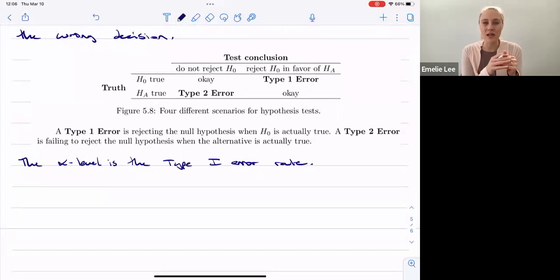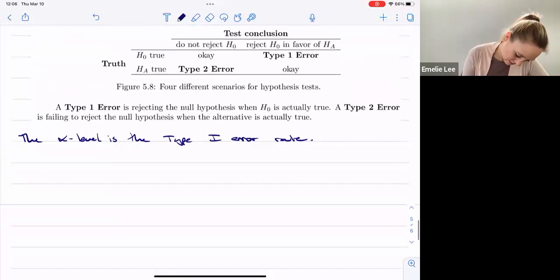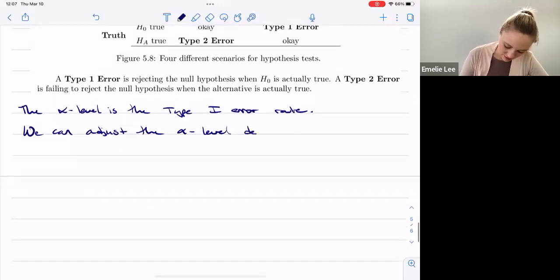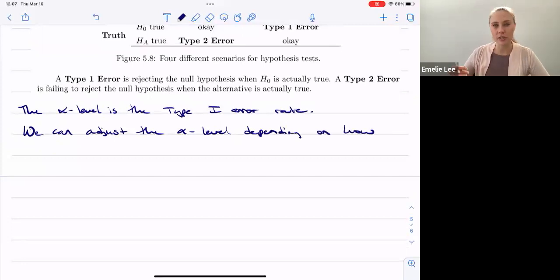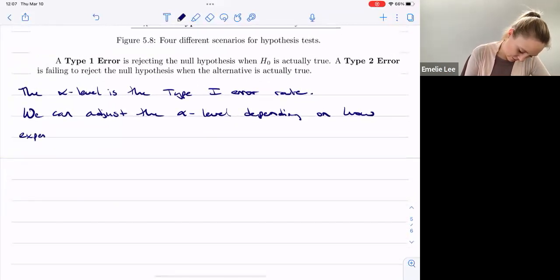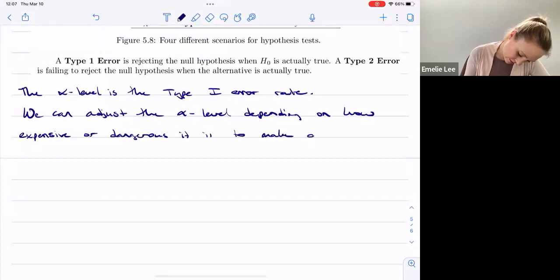And so we can adjust the alpha level depending on how expensive or dangerous it is to make a type 1 error.